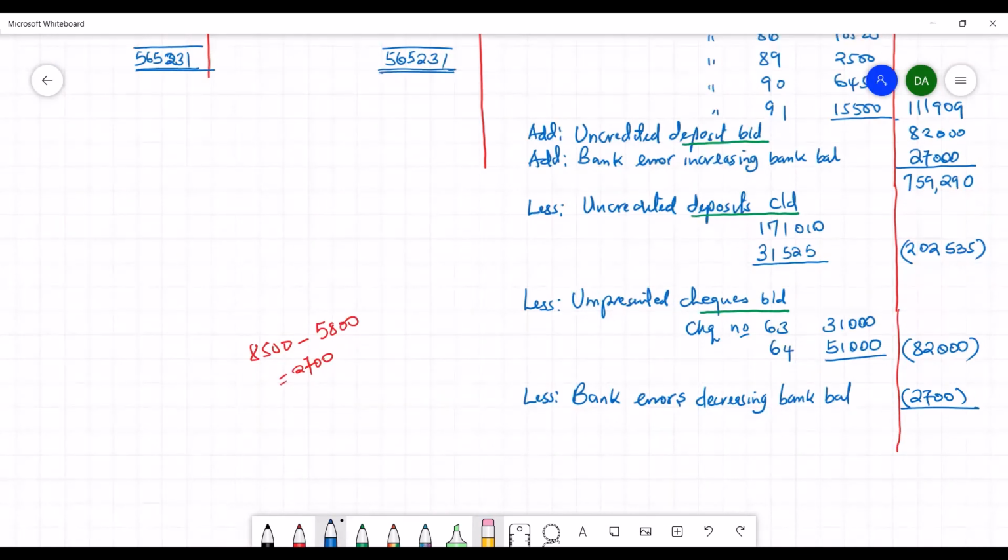Now, if we subtract the three items from 759,290, that is going to give us a total of 472,055. Now, this amount is the balance as per the bank statement. So let us check. What do we have in the bank statement at the end?